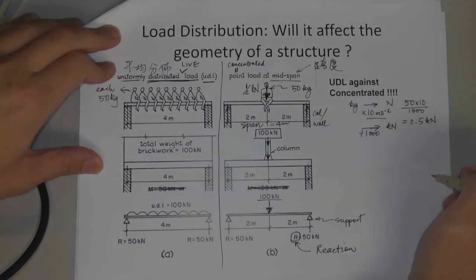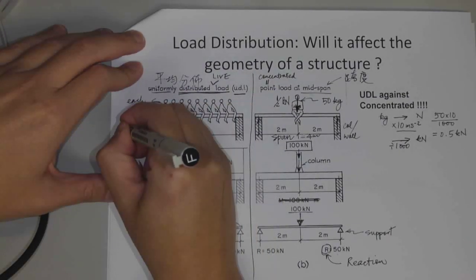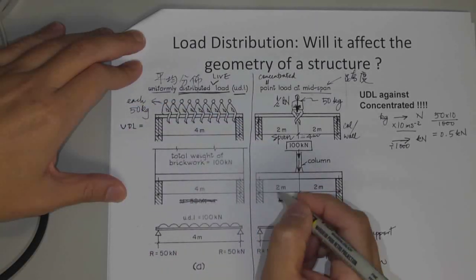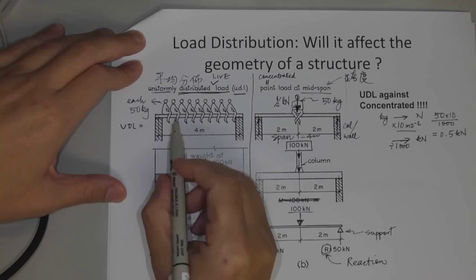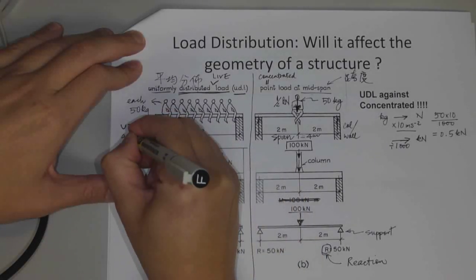So, okay, let me do it here. So this UDL is equal to the total weight of these 9 persons. So that means 9 times 50.